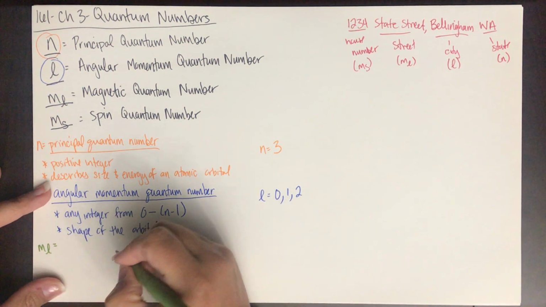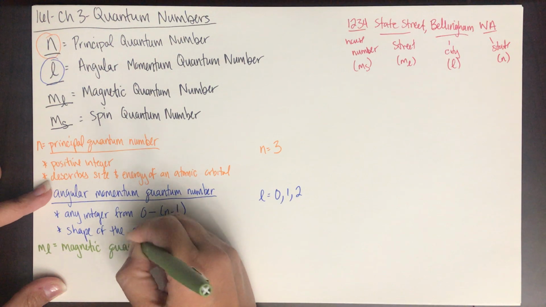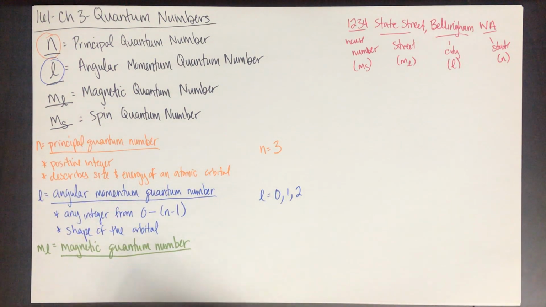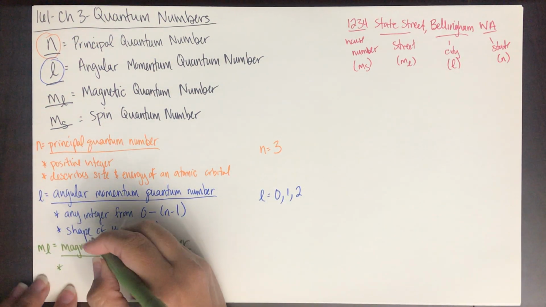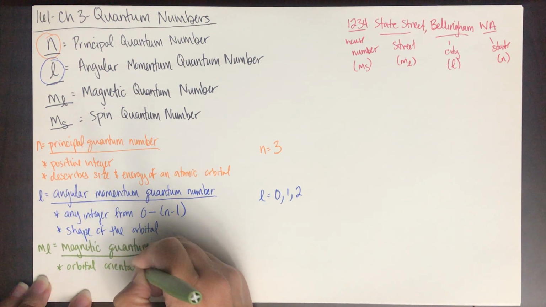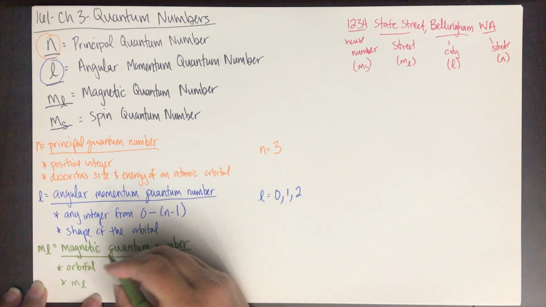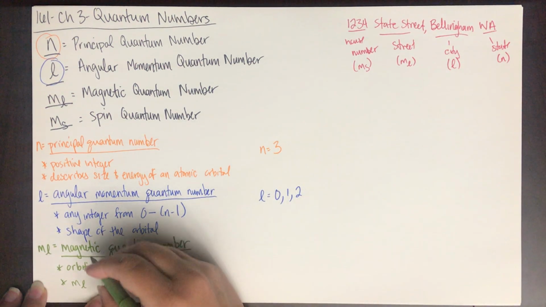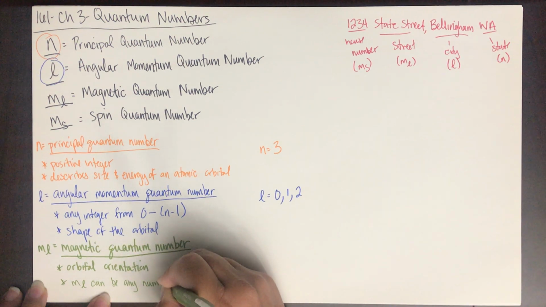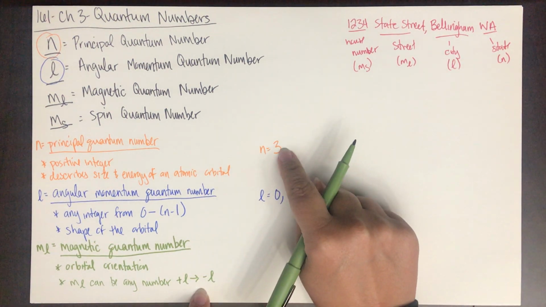Okay, M sub L is the magnetic quantum number. So what M sub L tells us is the orbital orientation. M sub L can be any number negative L to positive L. So N is 3.